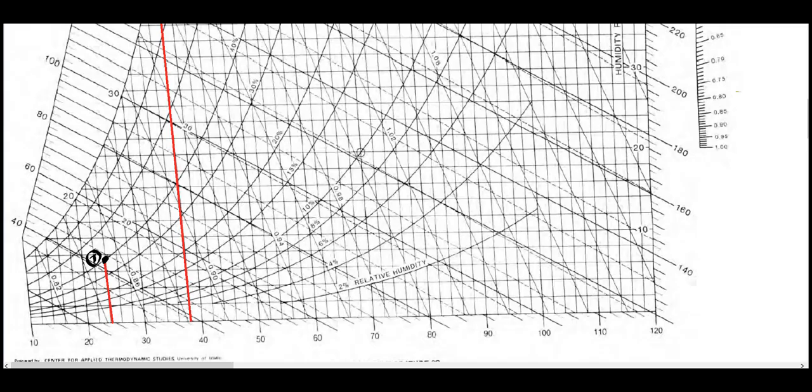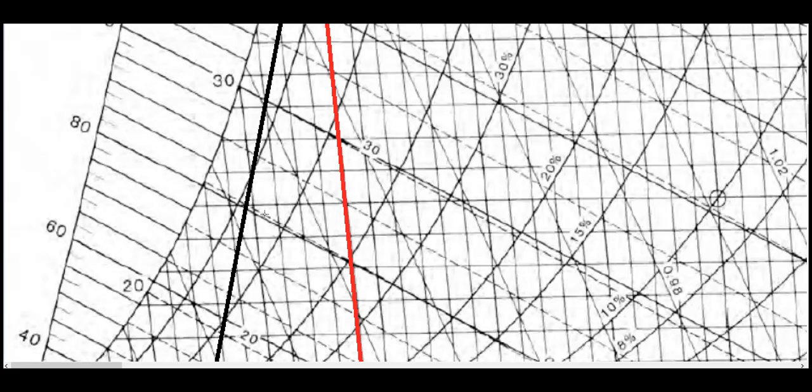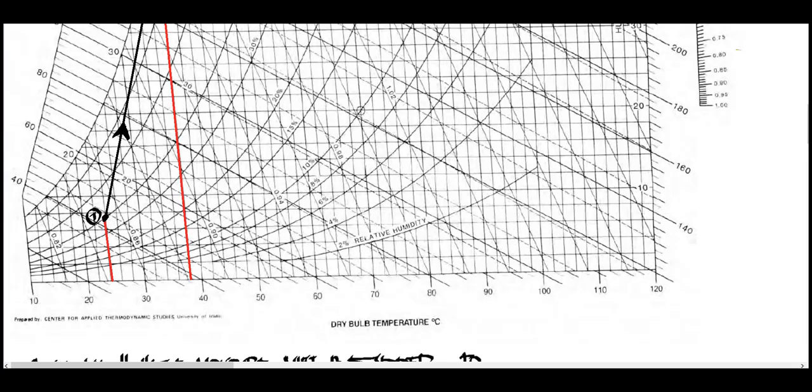Now let's draw the process. So plotting that one from here going here. Okay, so we now have the process. We have the arrow to indicate the process flow.